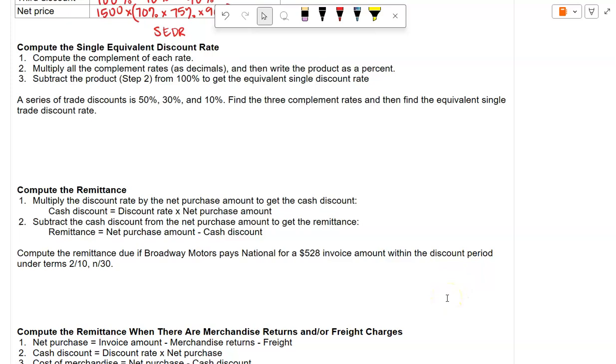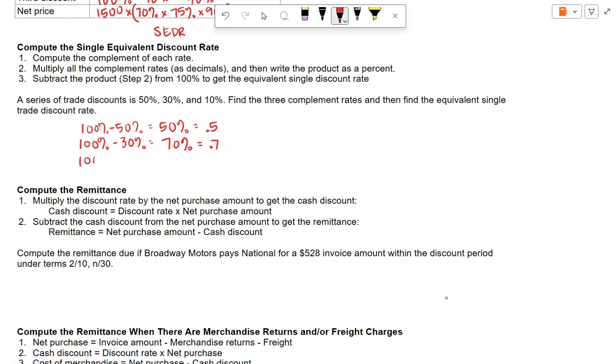I'm going to start off with the 50%. 100% minus 50% is 50%. As a decimal, that is equivalent to 0.5. Next, I'll take the complement rate of 30%. That equals 70%, which is equal to 0.7.